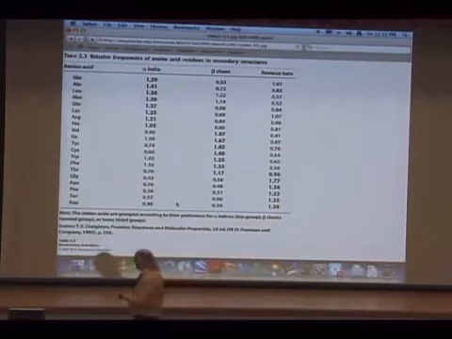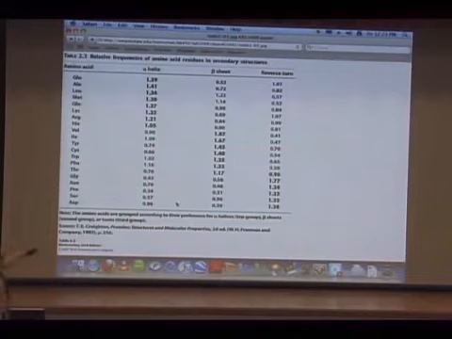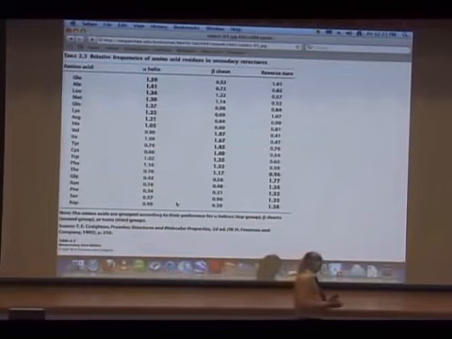So one of the rules is if you have 3 amino acids in a row that have a ranking over 1.0, the likelihood it will appear in that structure is high. So for example, if I had glutamic acid, alanine, leucine in a row, the likelihood it would be part of an alpha helix is pretty high. I can do similar things with beta strands. I can do similar things with reverse turns. And as I said, it's not exact, but it gives us a pretty good idea about where things lie.